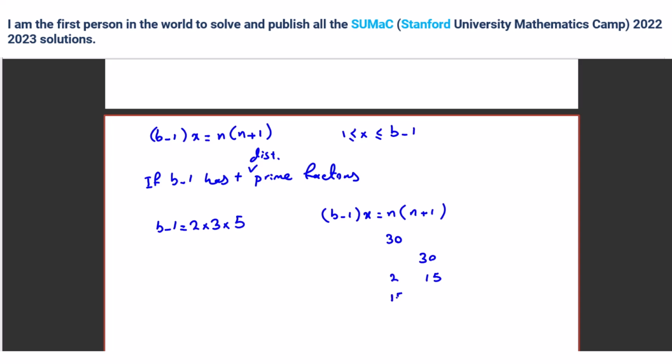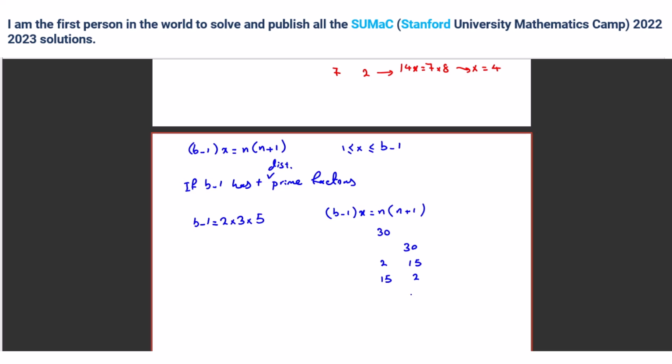Yeah. Okay, so if you check 2 times 3 times 5, 30, how many cases do we have? Can you say without writing all of them? 8, you said? Yes, because you should consider a subset of this, right?